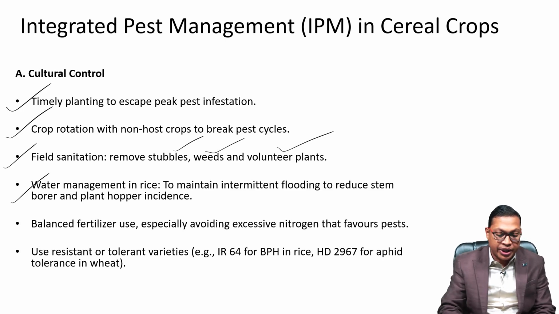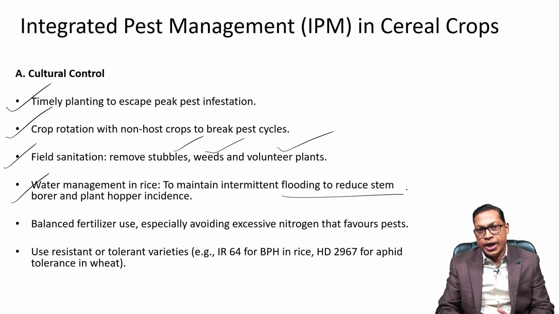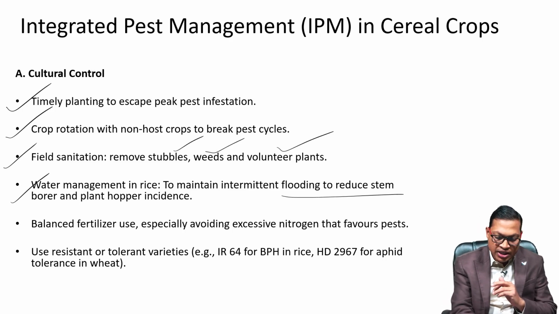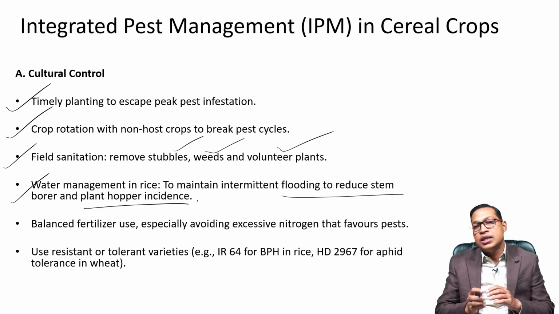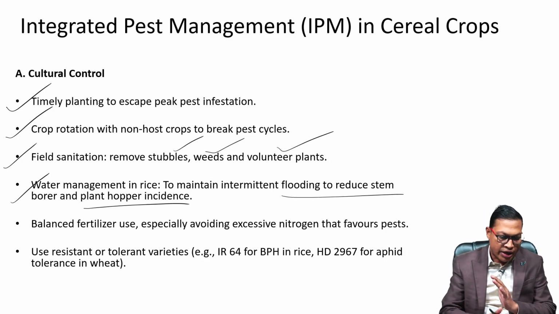Then water management in rice: maintain intermittent flooding to reduce the stem borer. If we provide flooding condition in the rice, there will be less occurrence of stem borer and plant hopper incidents. So, alternate drying and wetting is a good agronomical strategy.